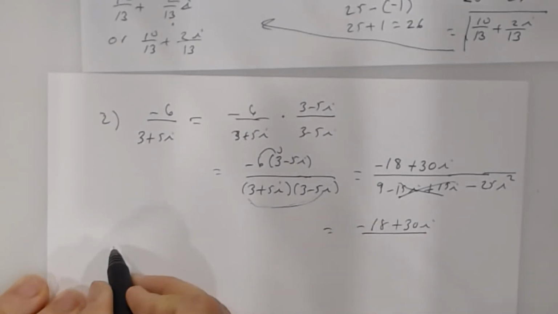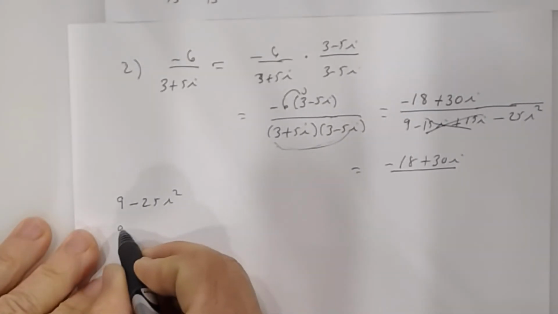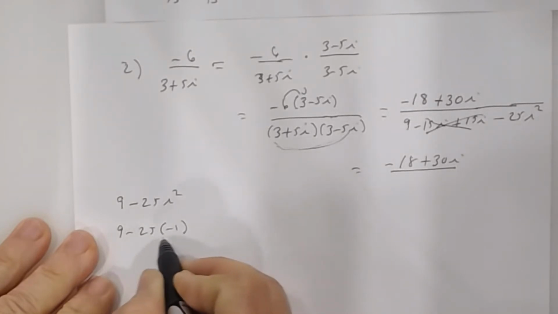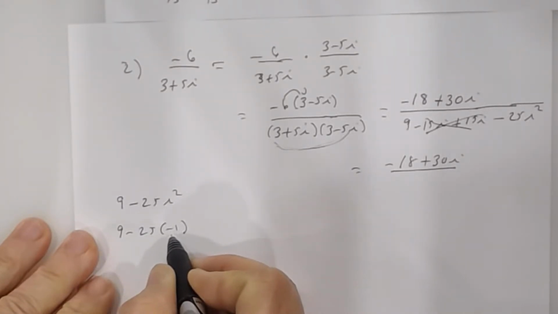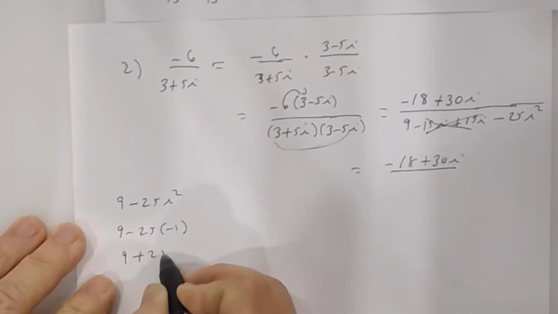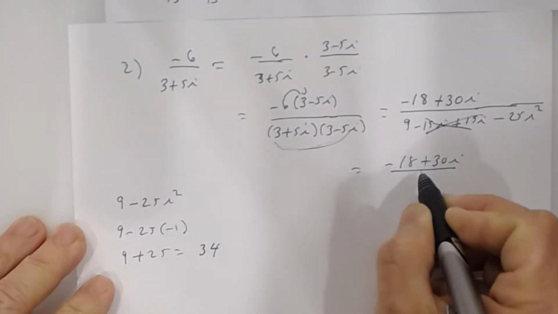So my denominator is 9 minus 25i squared. But what is i squared? So that's 9 minus 25 times negative 1. A negative times a negative is a positive. So that's 9 plus 25, which is 34. So that's your denominator.